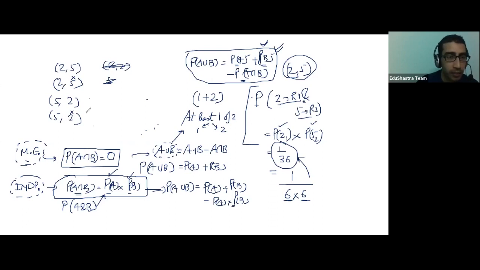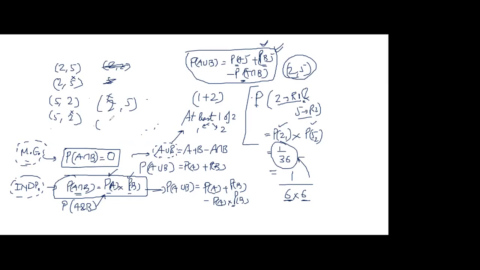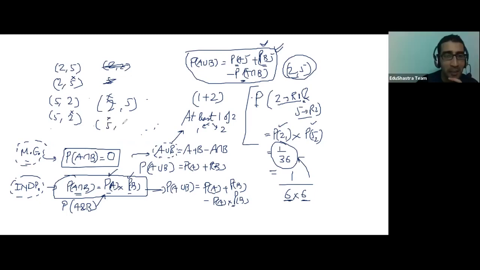I think there would be too many cases. Yes, you're absolutely right, it will become too complicated. There would be not getting 2 on dice 1, getting 5 on dice 2; not getting 5 on dice 1, getting 2. I was still trying to think of more.